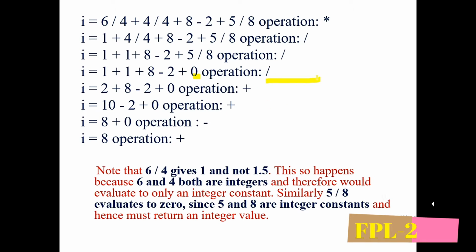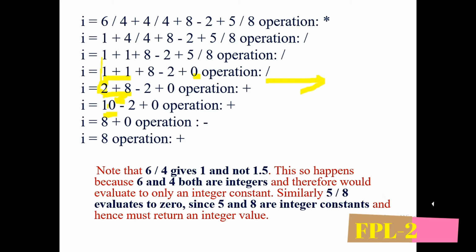After this we just go from left to right after the equal to operator. Here we have plus, plus, minus, plus, and all these have the same priority, so we will solve them one by one. 1 plus 1 will be 2. Then in this equation we have 2 plus 8, which gives you 10.